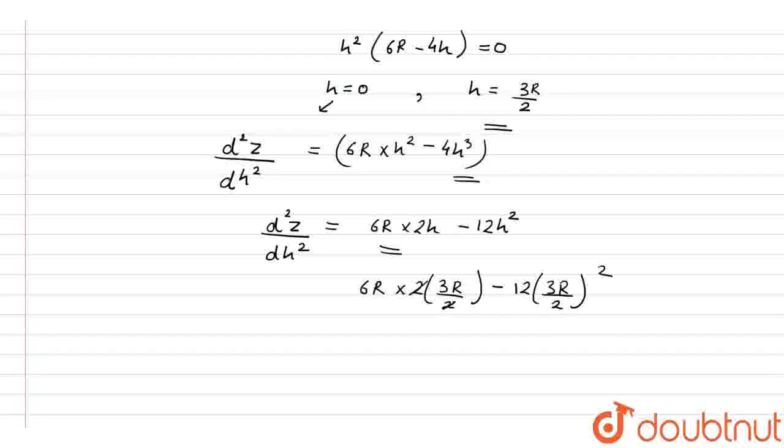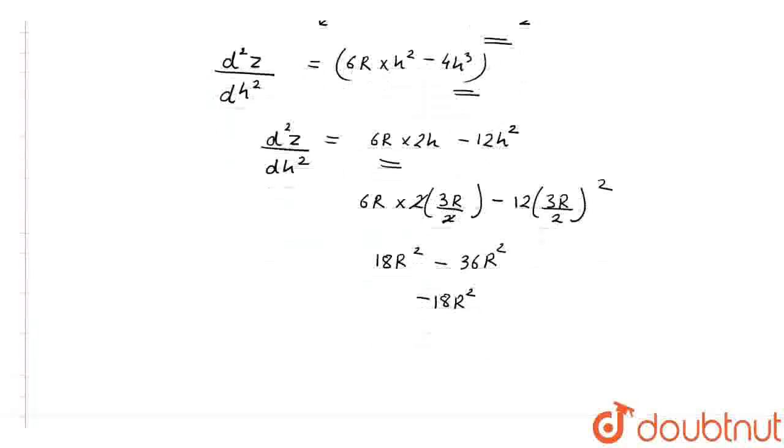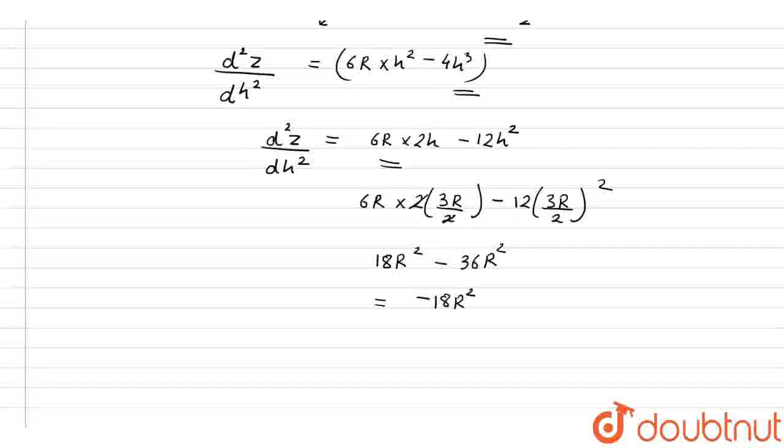We'll have 6 into 3, 18 r square, minus 36 r square. So now it will come out to be minus 18 r square. This is equal to d²z/dh².